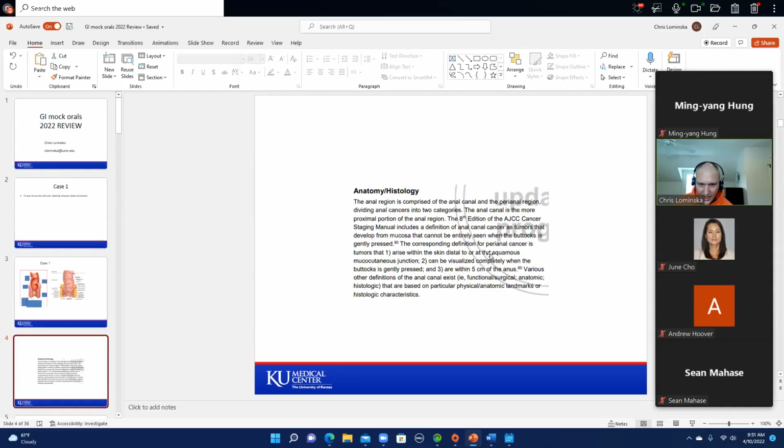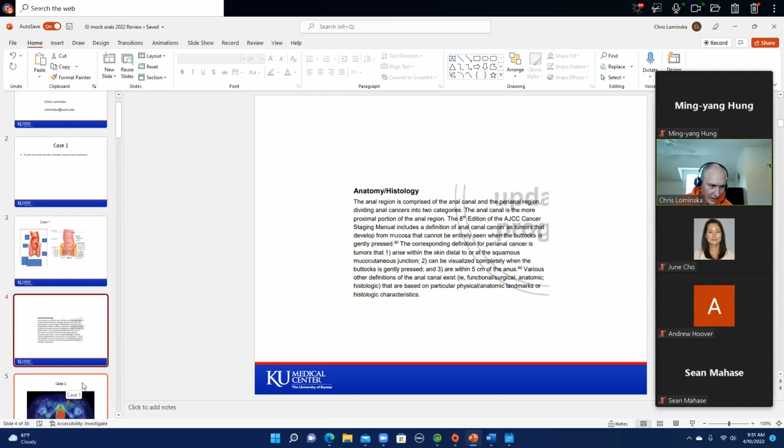I thought this was an interesting definition, so I put it in so that we could be comfortable with it. The anal cancers are tumors that develop in mucosa that cannot be entirely seen when the buttocks are gently pressed. You could also talk about the transition between the hair-bearing and non-hair-bearing skin, concepts that you want to have familiarity with.